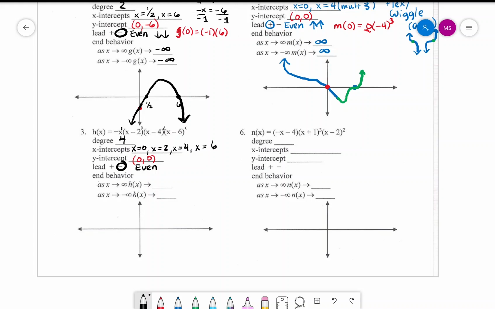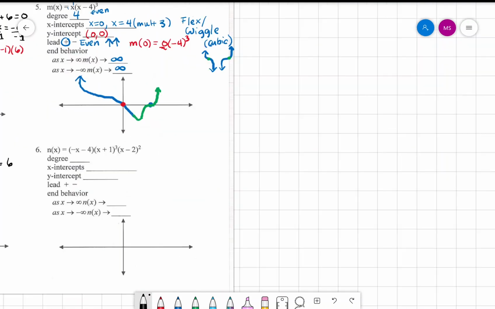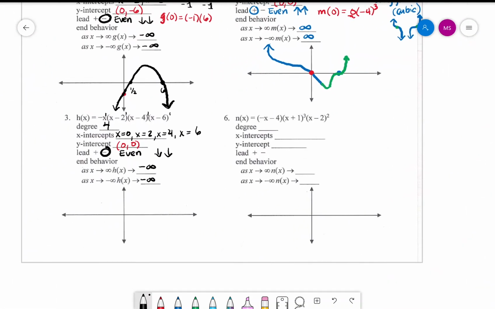So that means they should all be going down. So down, down. Okay, so negative infinity, negative infinity. Down. Oh, my screen just spazzed for a second. Sorry about that. So down, down.